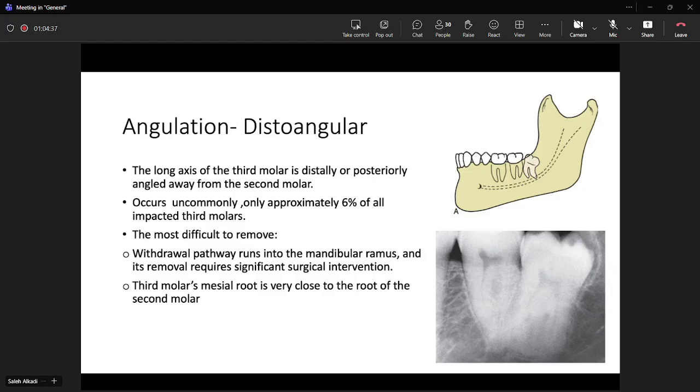Another important thing that may make this extraction difficult is that the mesial root of this impacted tooth is very close to the roots of the second molar. So there is a risk of damaging the roots of the second molar while removing this distoangular impacted wisdom tooth.